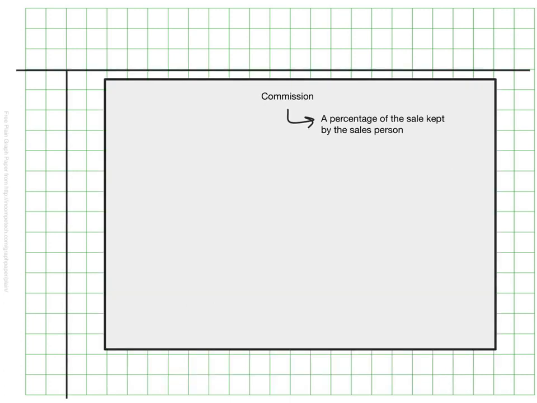We also see percentages with commissions, which is a percentage of a sale that the salesperson gets to keep, and it's, depending on the business, a different percentage. A real estate agent that sells a house generally gets to keep 6% of the price they sell it for themselves. So we know that if they had a house for C dollars, they would be able to keep 6% of that, so that would be the expression that we would use.